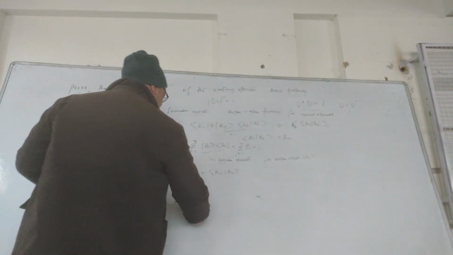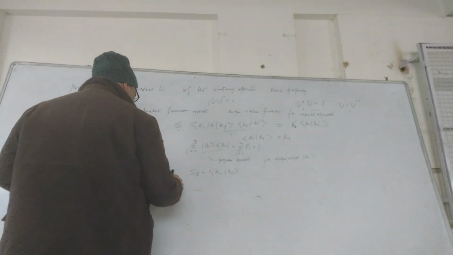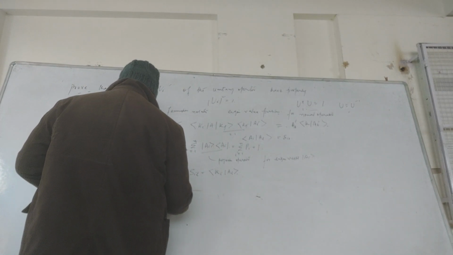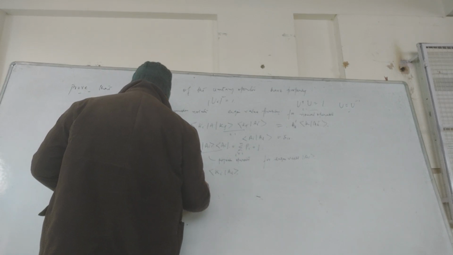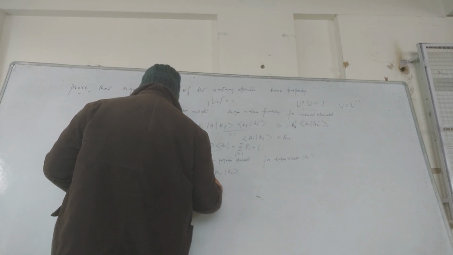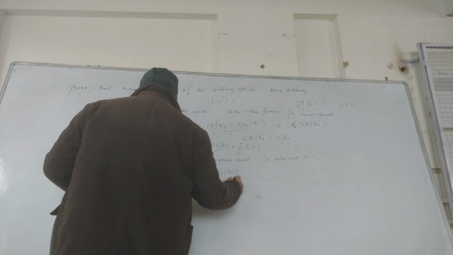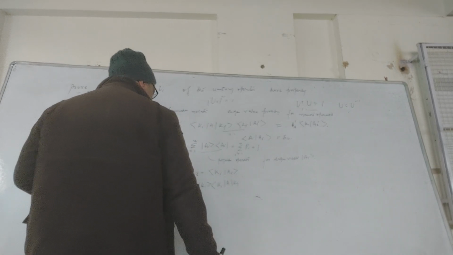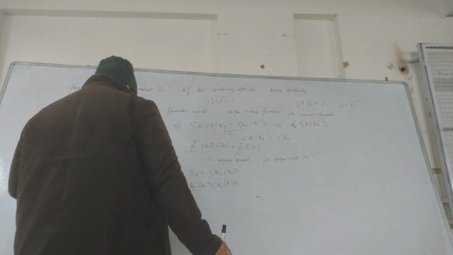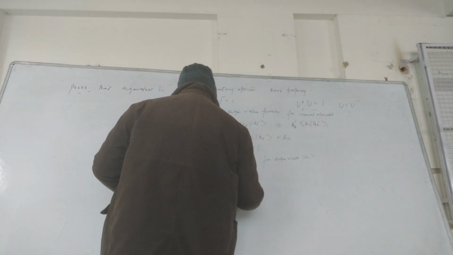If you use this understanding, you can have i j, this is a and a prime, ki, a, kj. If you want to write it in terms of ki, kj, you can write it like that.